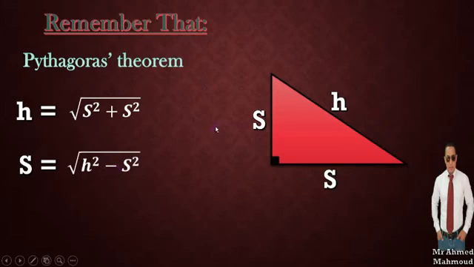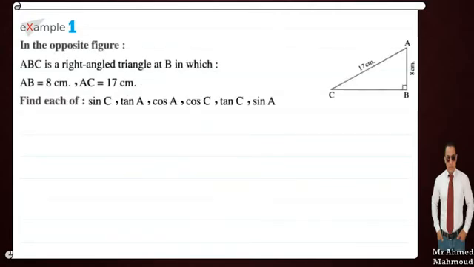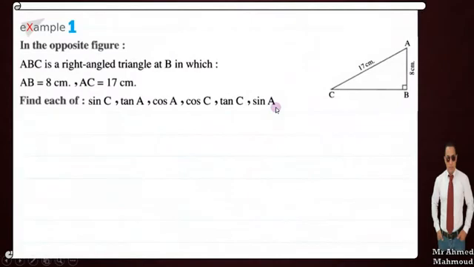Now I'm going to solve the first problem with us. In this example, in the opposite figure, ABC is a right angled triangle at B, in which AB equals 8 centimeters and AC equals 17 centimeters.